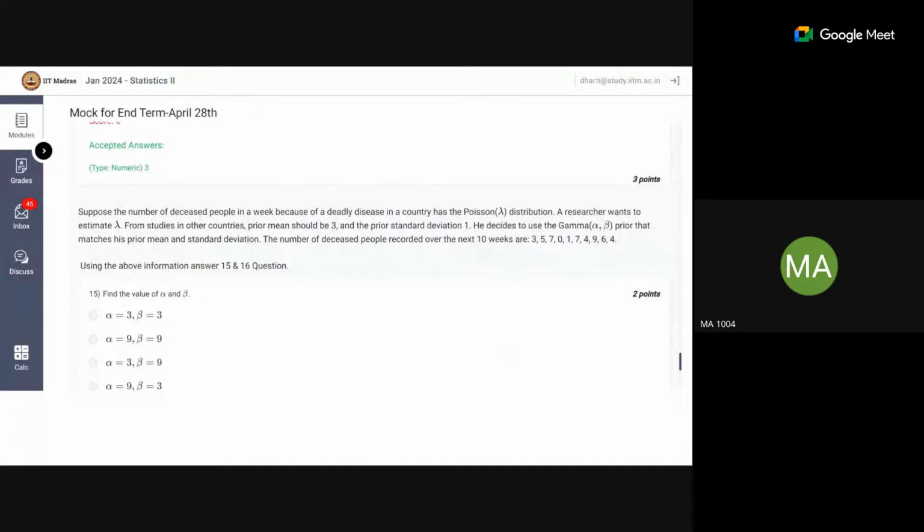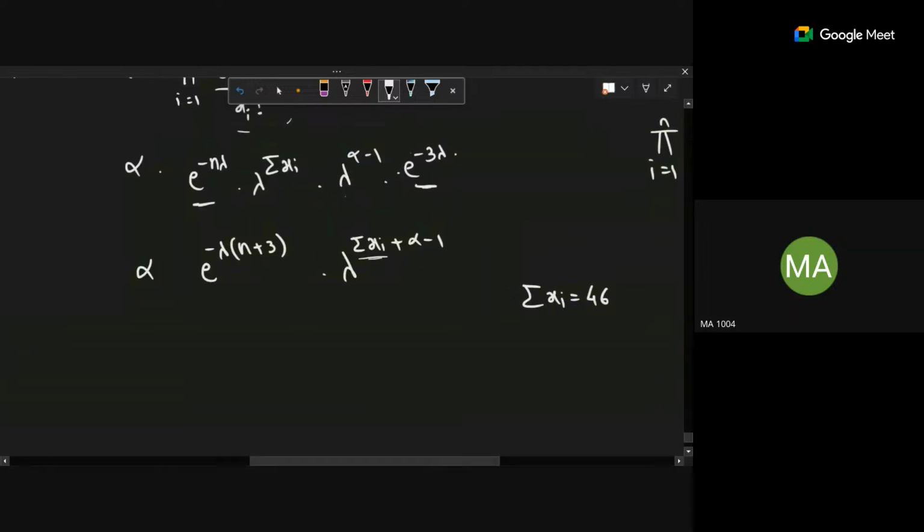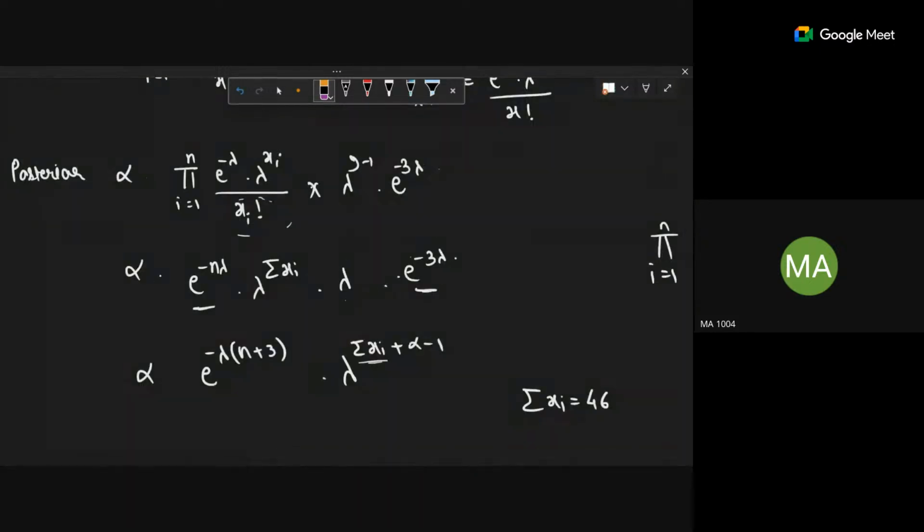So summation xi will be the sum of them, and it comes out to be 46. So summation xi is 46. How does alpha minus 1 come there? It is 8, right? I have put the values there. It is 9 minus 1. So it is 8. Okay.